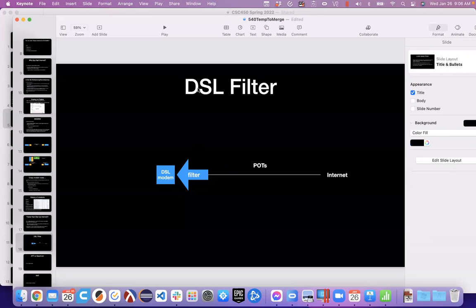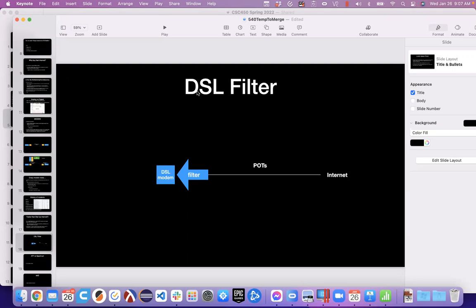Now, what's interesting here is that DSL stands for digital subscriber line. Remind me, what does a modem do again? Remember, modem stands for modulator, demodulator. What does modulation and demodulation do? Like converting analog to digital and digital to analog.